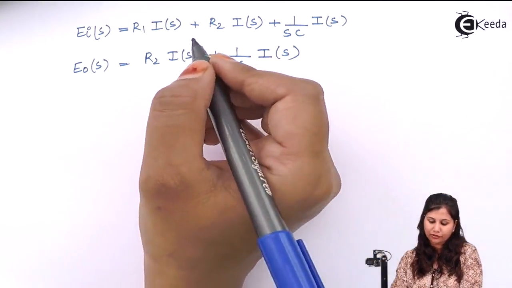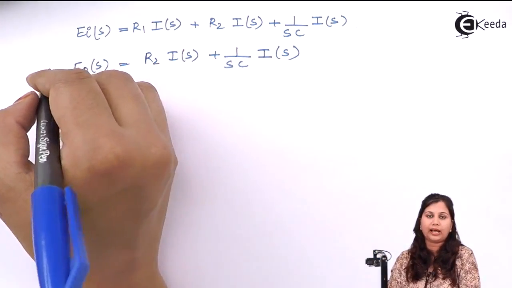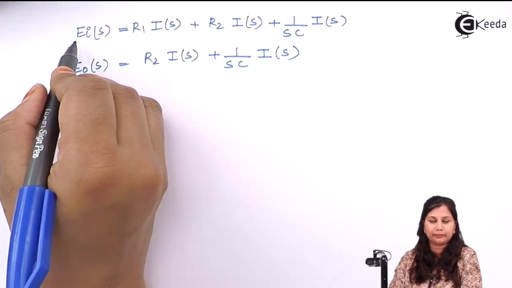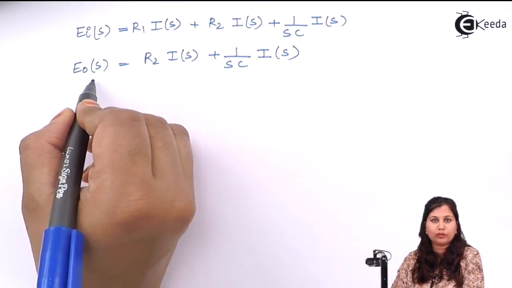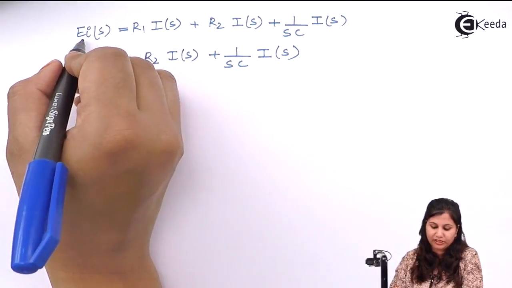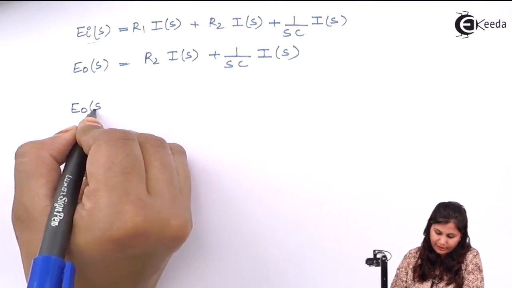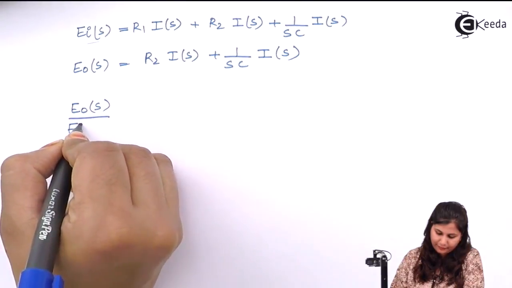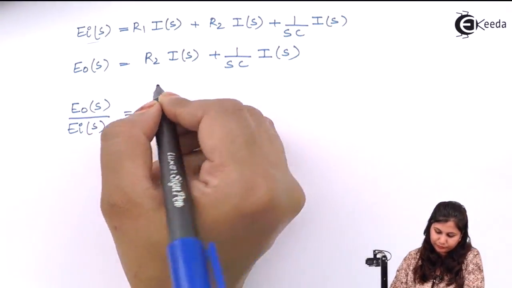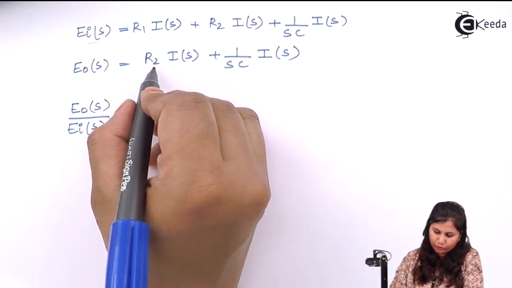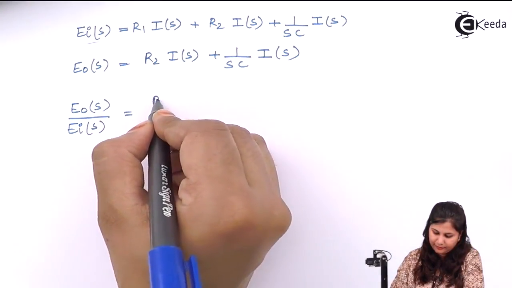Now for the transfer function, we have to take the ratio of the Laplace transform of the output and the input. So output is the output voltage E naught and input is the input voltage Ei(s). So the ratio of E naught(s) upon Ei(s) is what? Here we have R2 plus 1 upon SC.